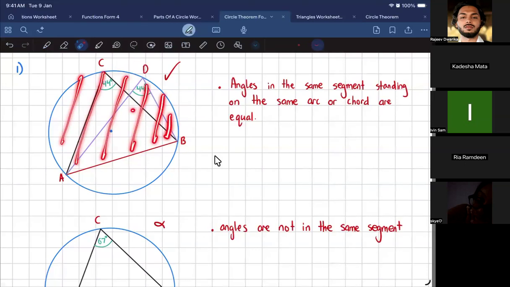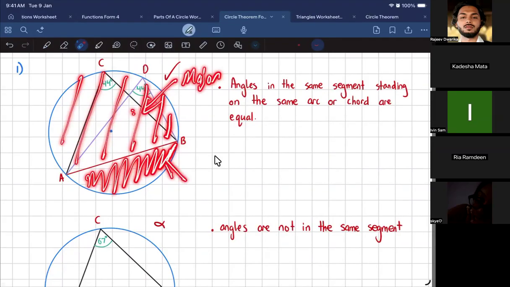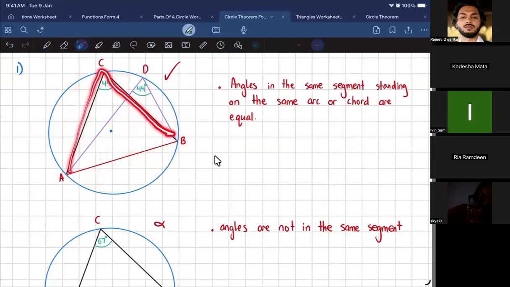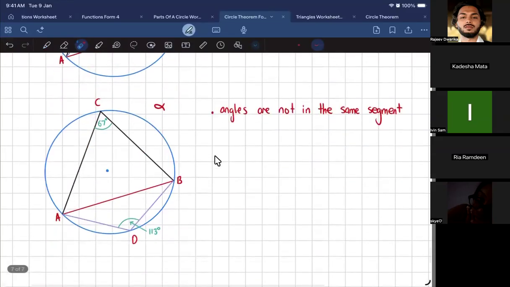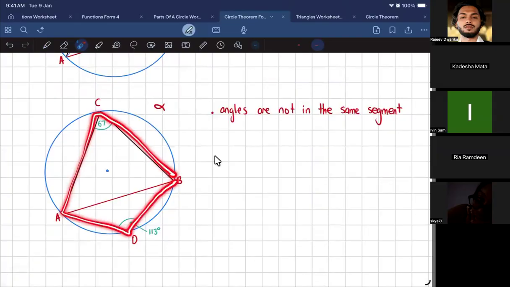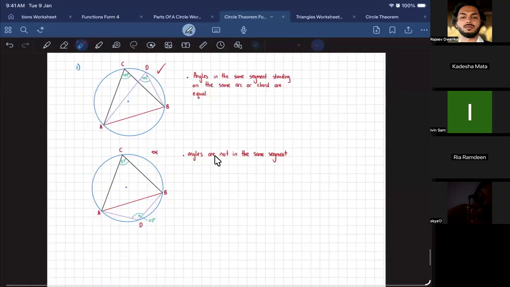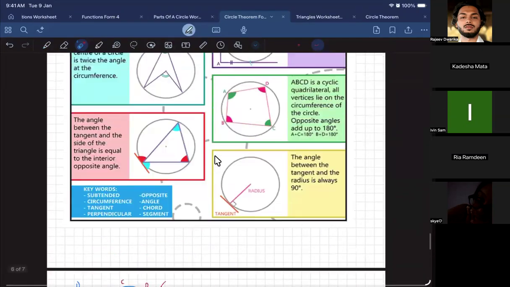Which one looks bigger? The first one. So I'd call this the major segment and this the minor. Are both of the angles in the same segment? Yep. So the rule applies there. Are they in the same segment here? No. So the rule does not apply. Understand? Okay. Great.